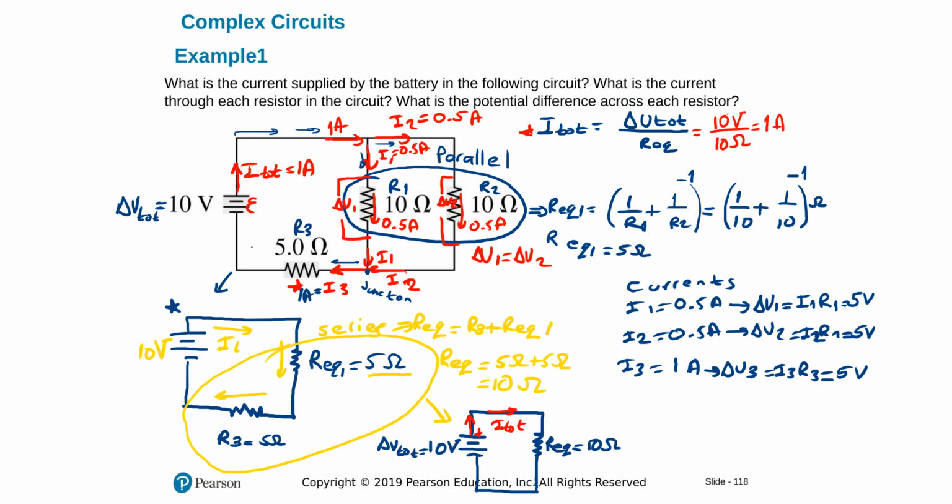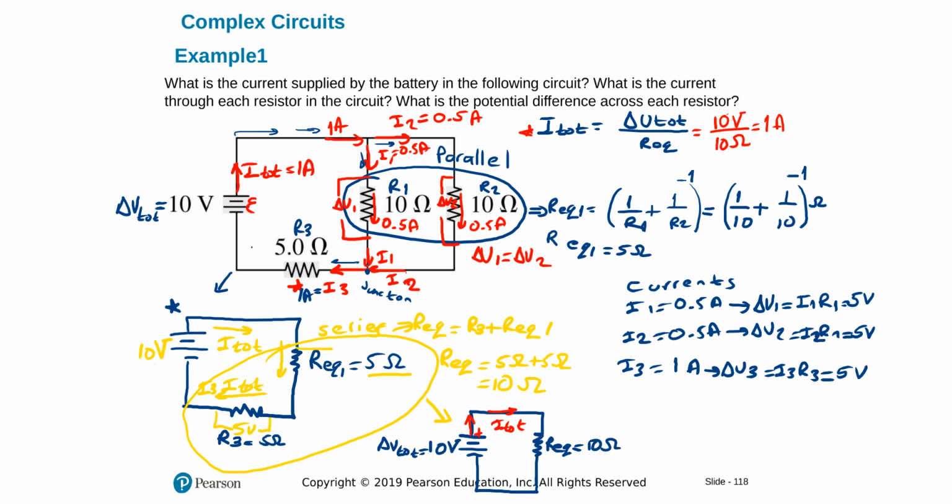That could also help me find I3. This should be I total as well, which is also I3. And this simplified circuit also tells me same current, same resistance, same potential differences. They will share the potential difference equally. I have 10 volt. This one will take 5 volt, and this will also take 5 volt.